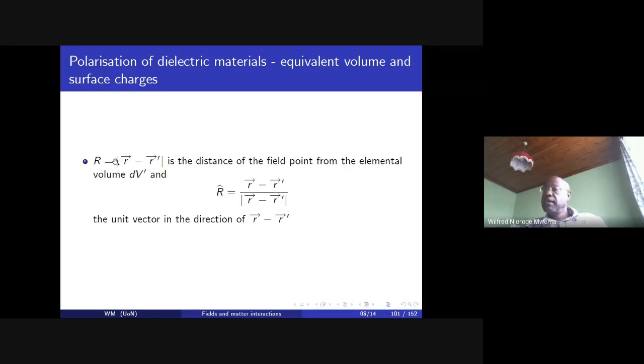So R is given by the position vector of the observation point relative to the position vector of the source, or the element of volume dV prime. And therefore, the unit vector is of course given by that expression there, the unit vector in the direction of R minus R prime.